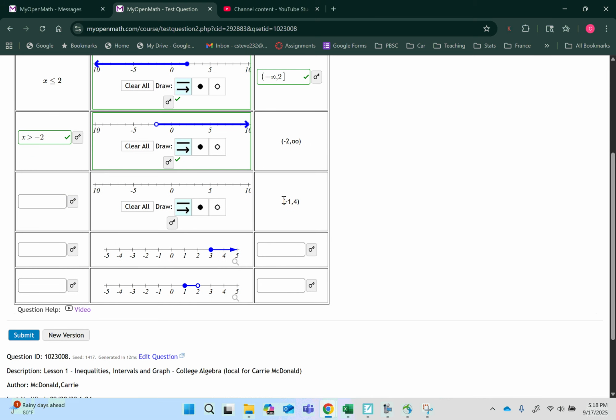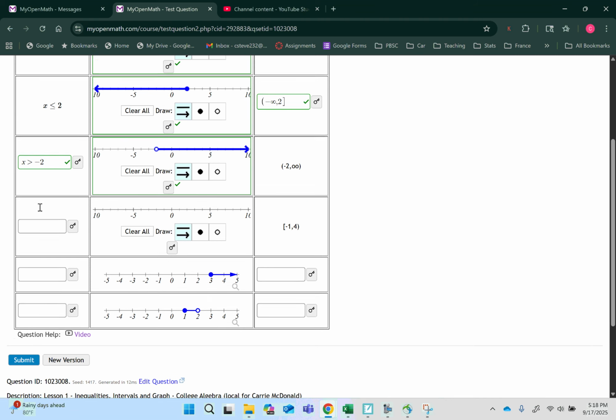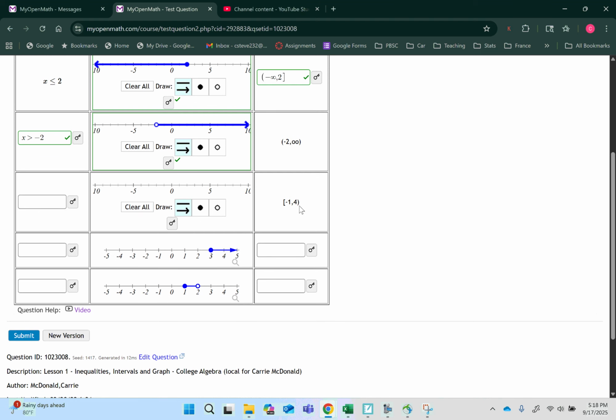Now, the next one, again, we're going from interval notation, then we'll graph it, then we'll turn it into the inequality notation. So this one has a square bracket on the left, then -1. So that shows me that we want to include -1.